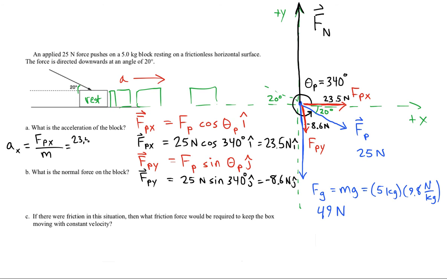So we'll have 23.5 newtons divided by 5 kilograms. The acceleration is 4.7 meters per second squared.